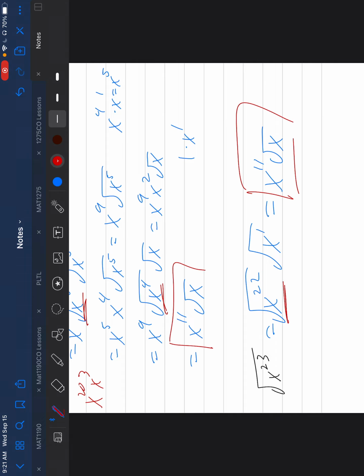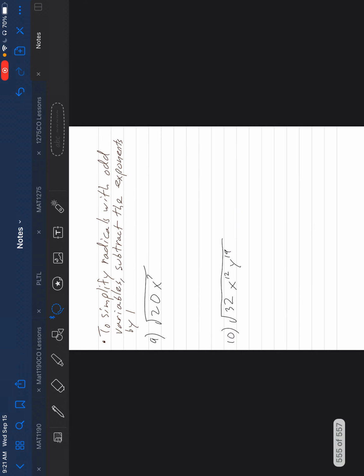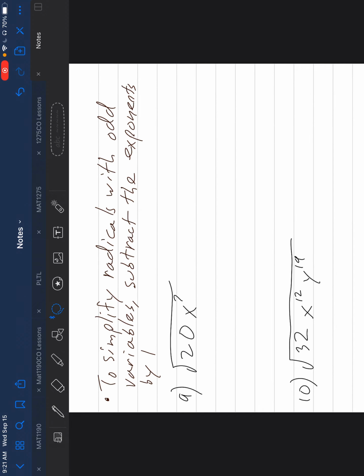So is it significantly longer to simplify an odd-numbered exponent? Not really. Not as long as you are choosing the correct values, then no, it's not significantly longer. And the correct value is always going to be an exponent of 1. Always. Right? Because we are taking square roots here.